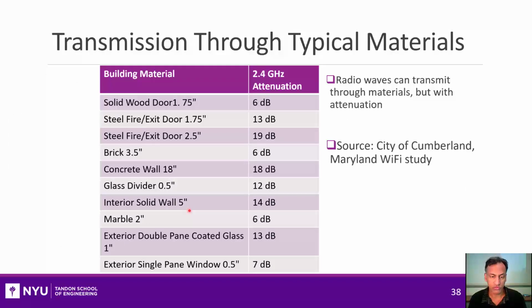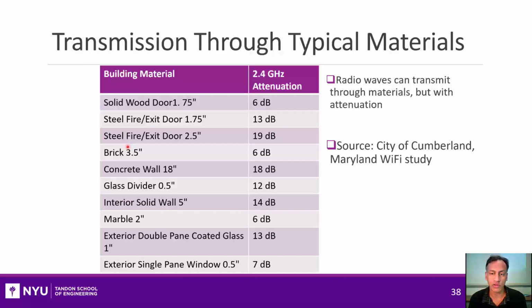Now, there's a lot of literature about various types of measurements of actual practical building materials. So if you want to model this, you can look these up in various websites. I've just put here, from one source, reflections and attenuations or transmissions at 2.4 gigahertz of different materials. So here you see, for example, wood doors, steel doors, and so on. And you can see here that there's a range of different attenuation levels that you get going through these materials.